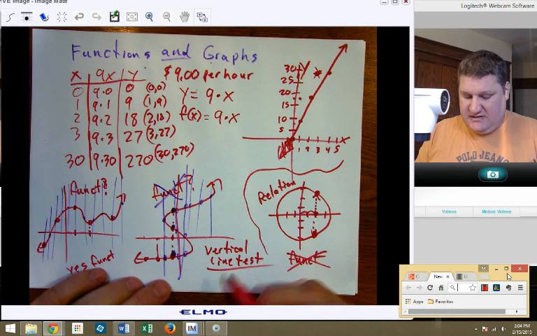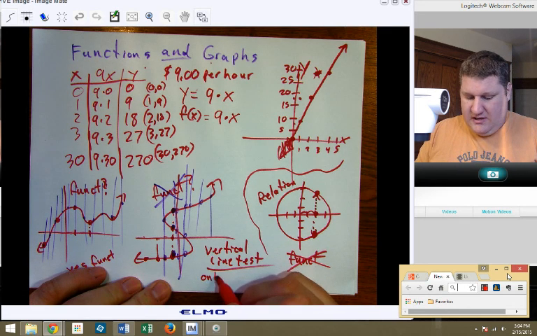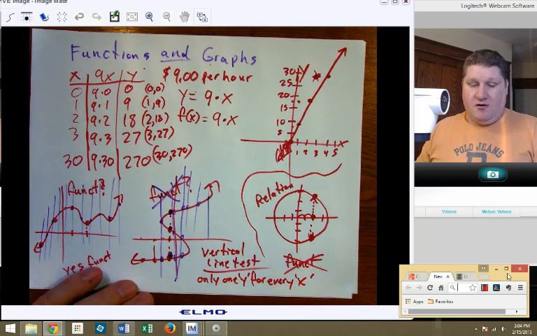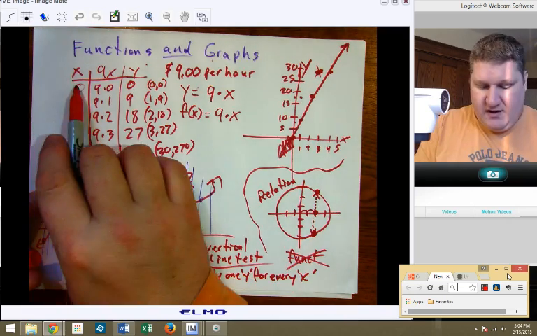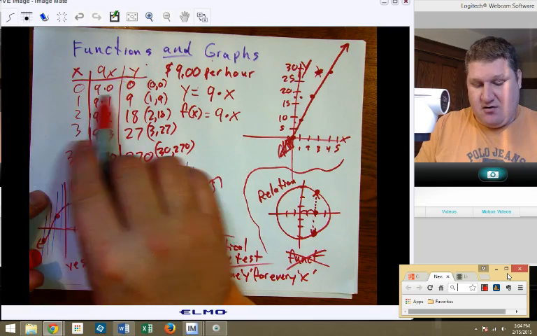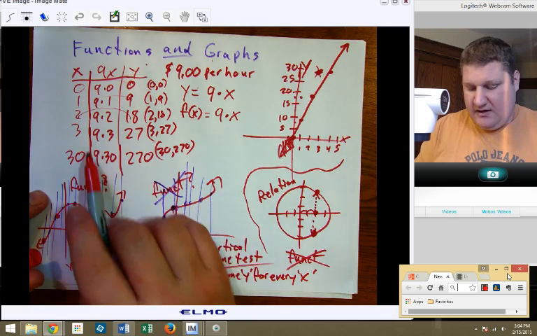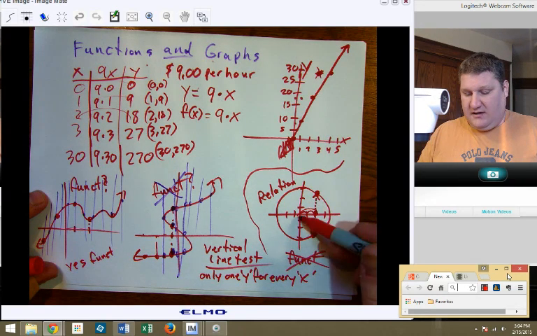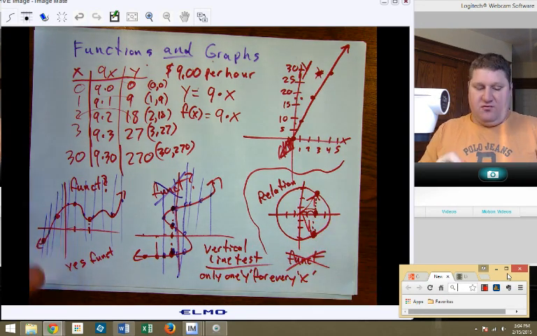So a vertical line test, only one y for every x. All right, so it matches up with every time I put in 0, I get 0. Every time I put in 1, I get 9. 2, I get 18. Here, if I go over to a certain x, I could go up or I could go down. That's going to break the rules. So that is graphing functions.